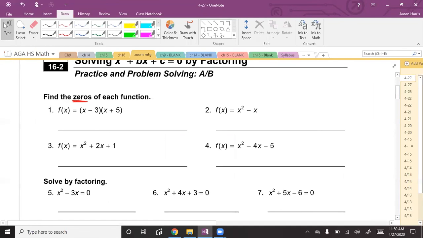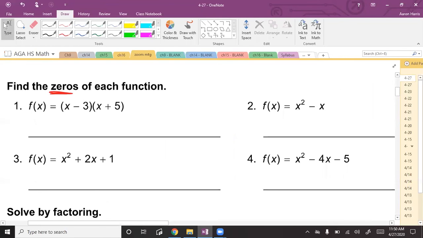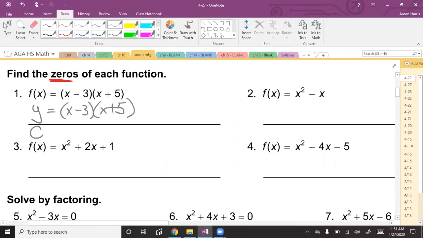Find the zeros of each function. f of x is the same thing as saying what? Y. So y is equal to x minus 3 times x plus 5. Now we just said we're going to set y equal to what? 0. And because of the zero product property, anything multiplied by 0 will get me 0.